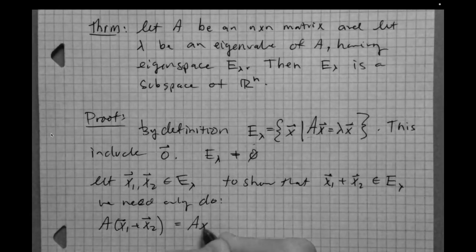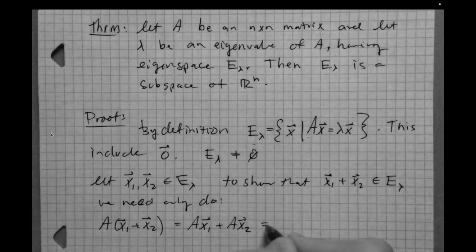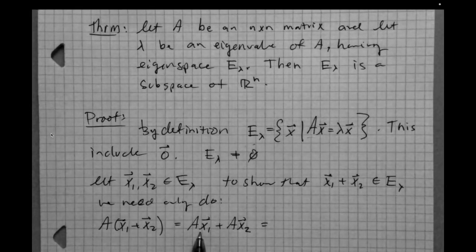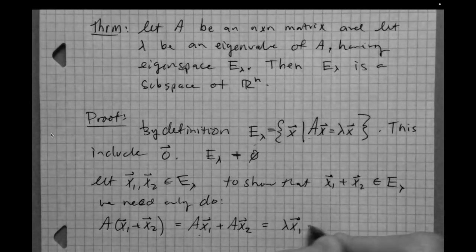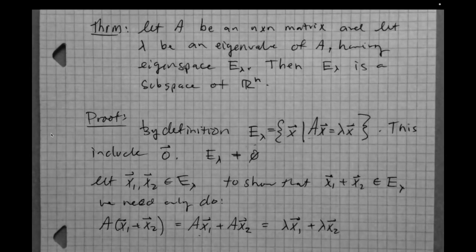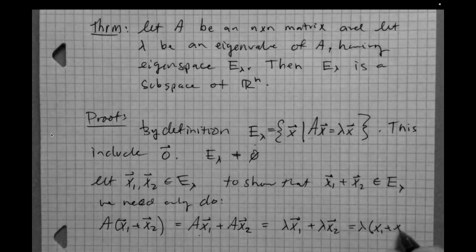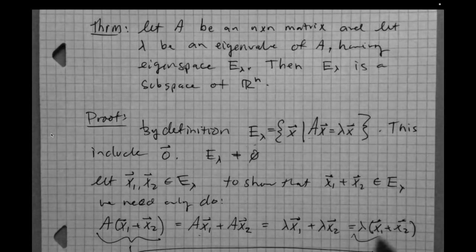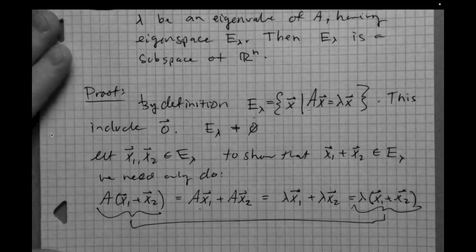Well, we can distribute like so. Since x1 is in the eigenspace and x2 is in the eigenspace, by assumption, that means A x1 is equal to lambda x1 and A x2 is equal to lambda x2. And then, of course, you can see that that gets us this. And so this right here tells us that x1 plus x2 is in the eigenspace.